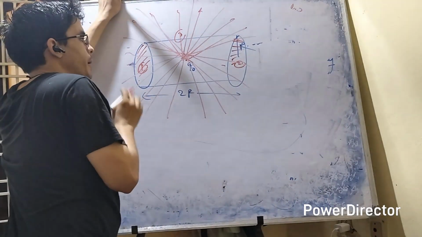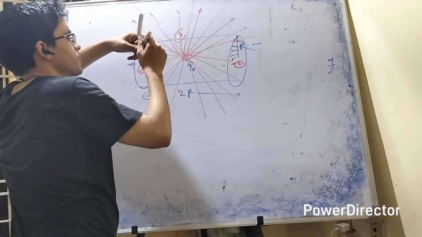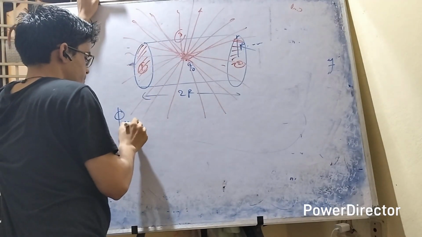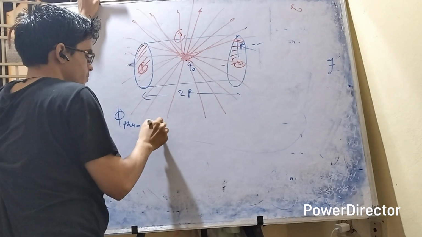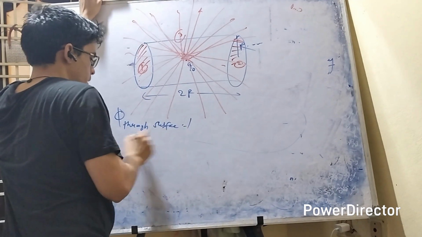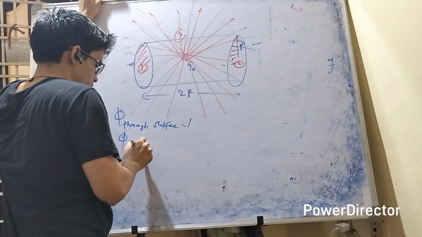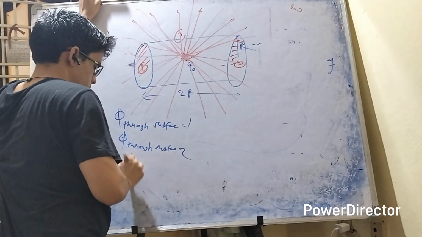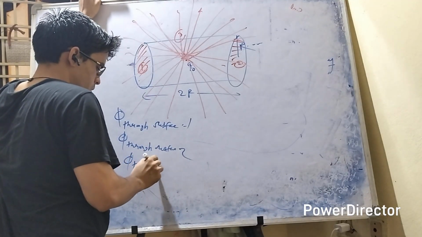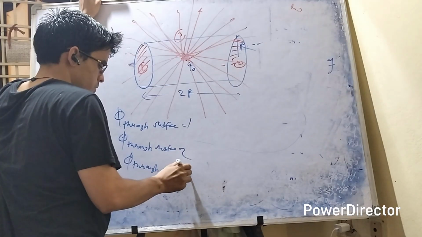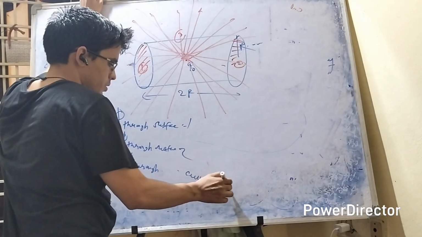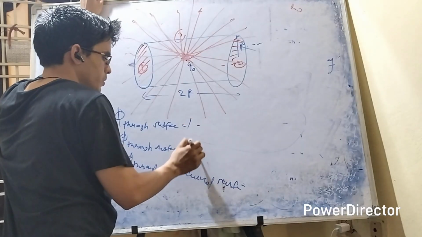Next, tell me what is the flux through the first surface, what is the flux through the second surface, and what is the flux through the curved surface.